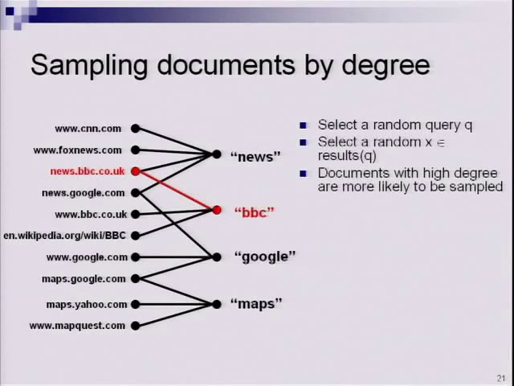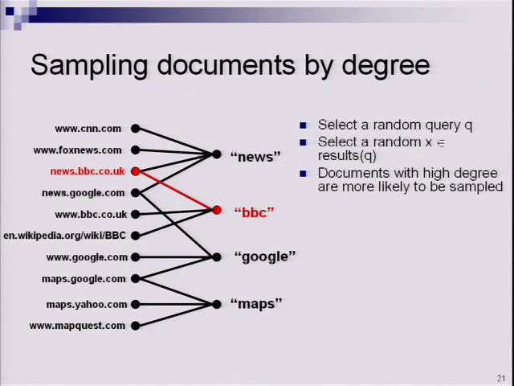Therefore, the probability of CNN to be selected is 1/4 first to select news, and then 1/4 to select CNN among the results of news. So this is a total of 1/16. However, the Wikipedia page has 1/4 probability to select BBC, but then just 1/3 to select the Wikipedia page. So it's 1/12. So it has higher probability to be selected.